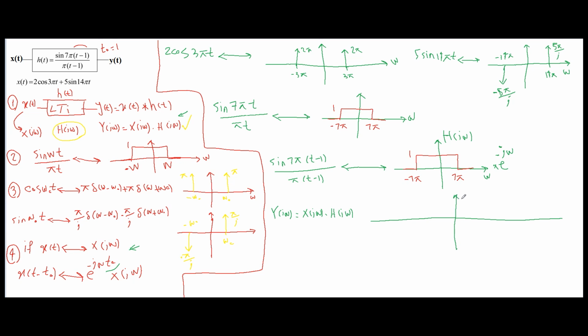When we multiply these together, the frequency band from minus 7 pi to plus 7 pi remains, along with the factor e to the power of minus j omega.